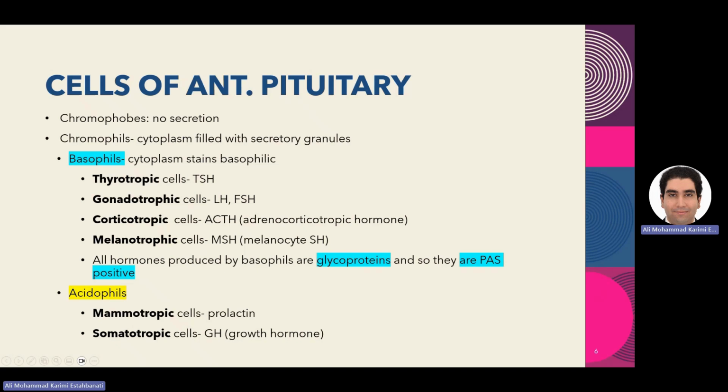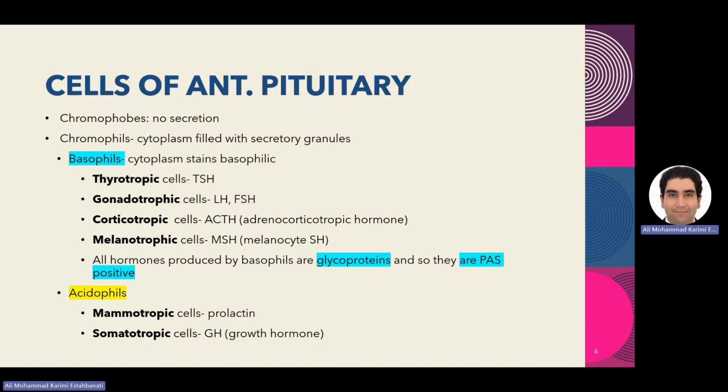By the way, the gonadotrophic cells that I mentioned are mostly found on the pars tuberalis of the anterior pituitary, which is around the infundibulum. Now, the two other cells, the corticotrophic cells and the melanotrophic cells, are quite similar, and therefore the hormone that comes from the hypothalamus to activate the corticotrophic cells also activates the melanotrophic cells.